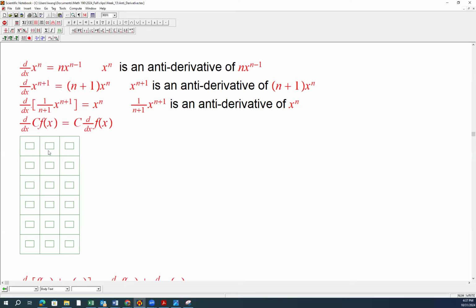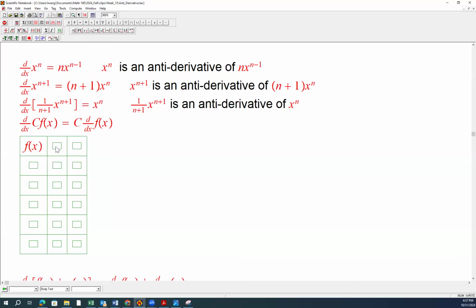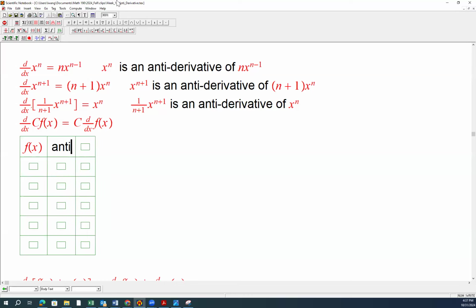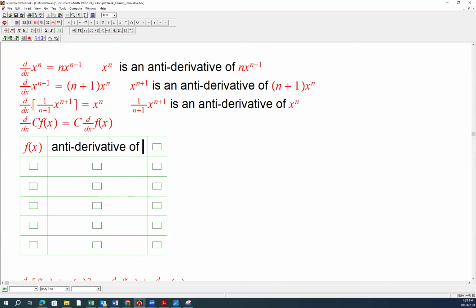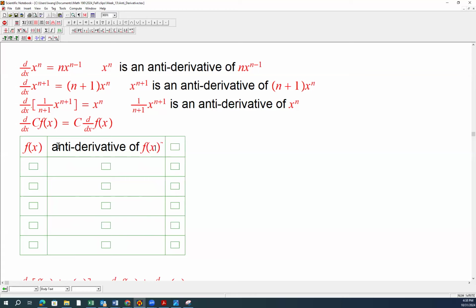So this is the function, lowercase f, and the antiderivative of lowercase f. We can call it capital F if you want, or just leave it like that.